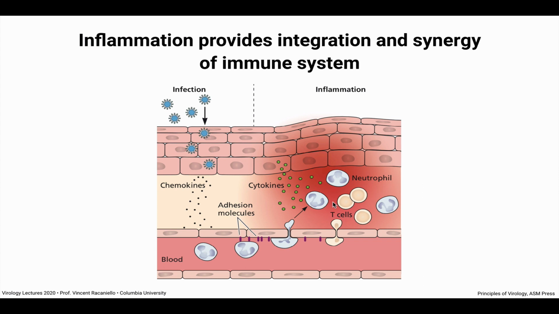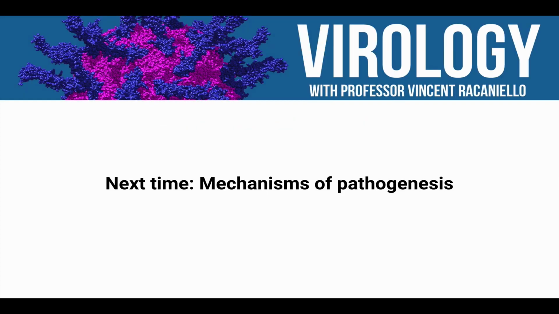And the inflammation, remember, is good. It means there's a good communication between the innate and adaptive responses. The dendritic cells will be recruited. They will bring antigens to the lymph node and initiate an adaptive response, as we've talked about today. And these other cell types can work on the infected cells as well.